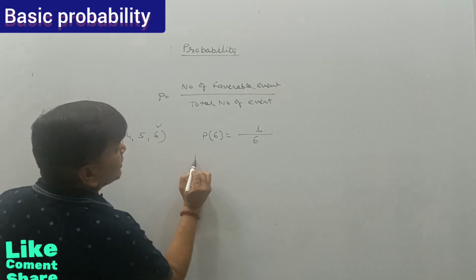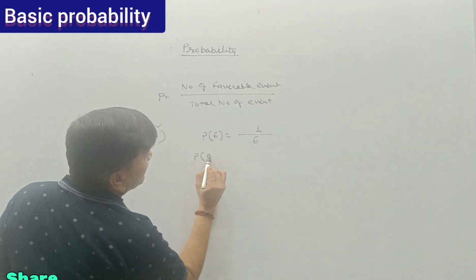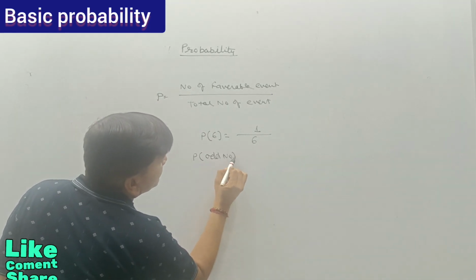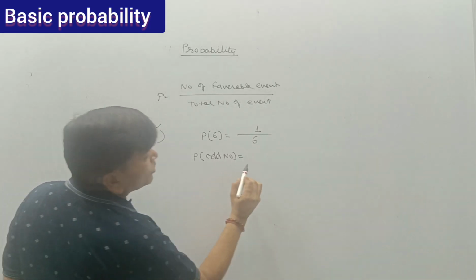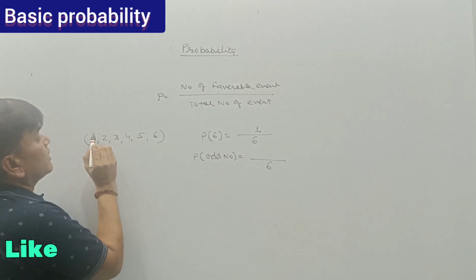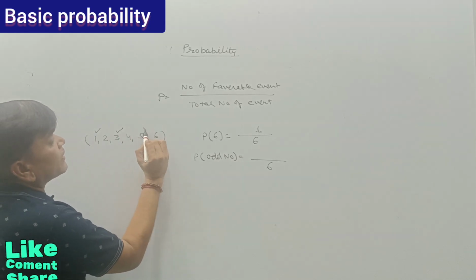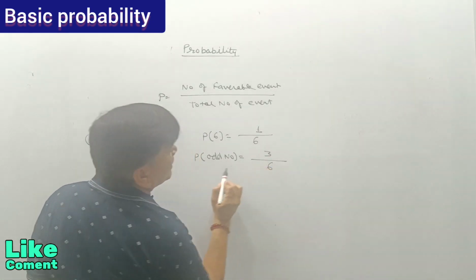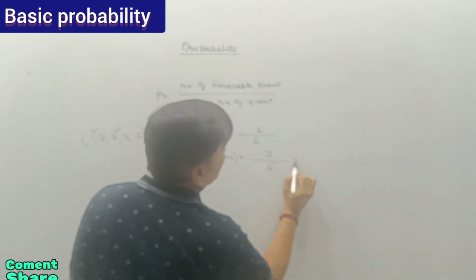But if we want to calculate the probability of getting an odd number, the total number of events is 6 and the odd numbers are 1, 3 and 5. So the number of favorable events is 3 divided by 6, that is 1 by 2.